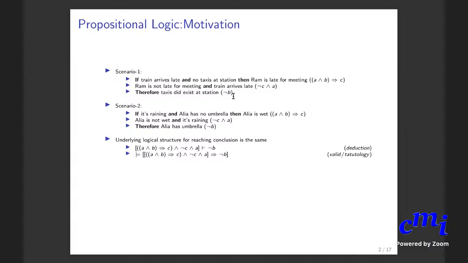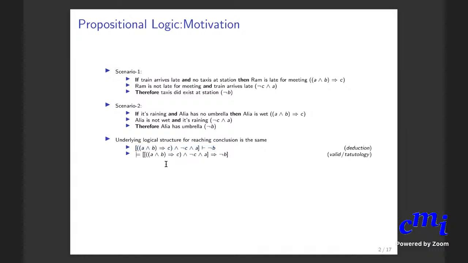And the reason you can conclude not B in both cases is that it can be expressed in logic in this fashion. Based on certain propositional logic rules, if you have A and B implies C, and along with that not C and A, you can deduce using the rules of logic that not B is true.